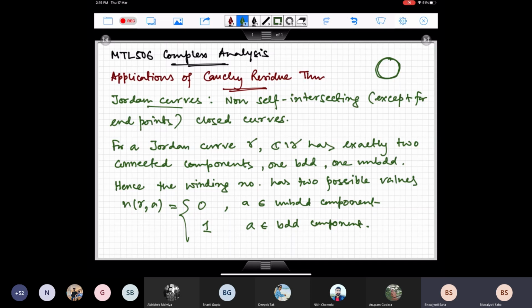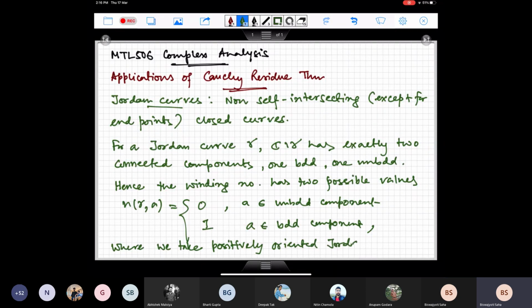Of course, here one needs to be slightly careful that the curve is positively oriented, and if necessary I'll put smooth as well, just so that the integration is fine.